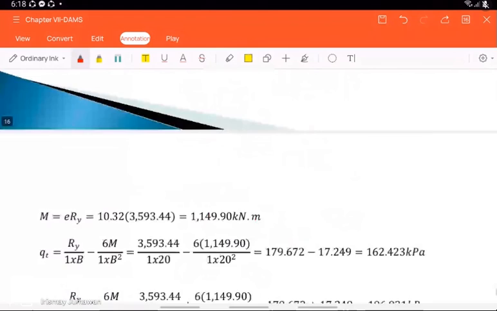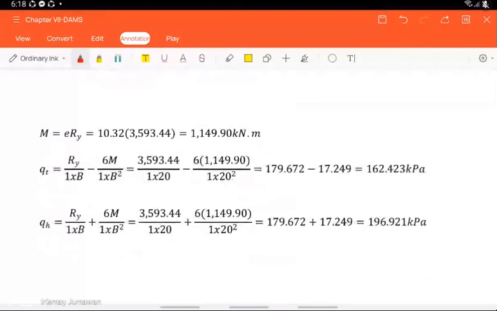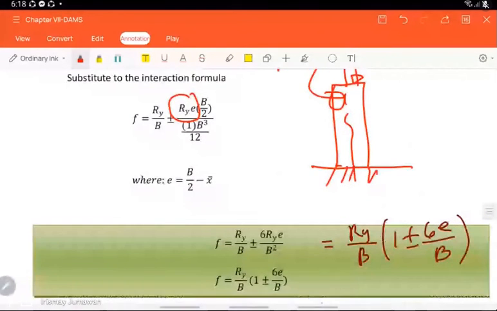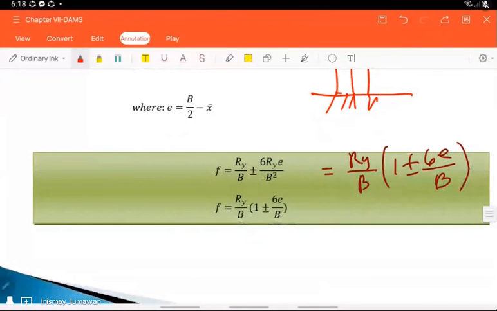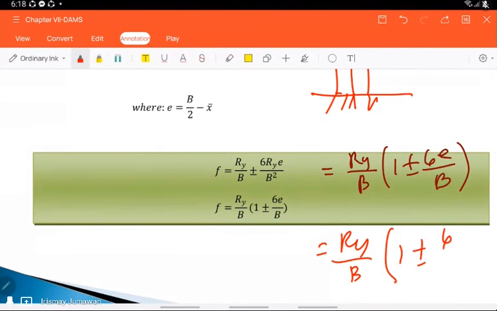Okay, so to determine the pressure, you have the formula. That is 6M. So we can have this one, Ry over P, 1 plus and minus 6M. You compute the moment first.